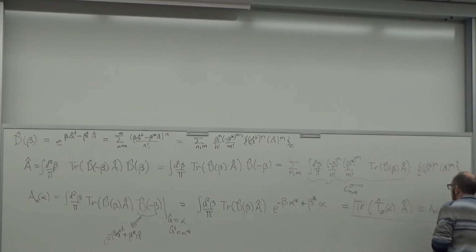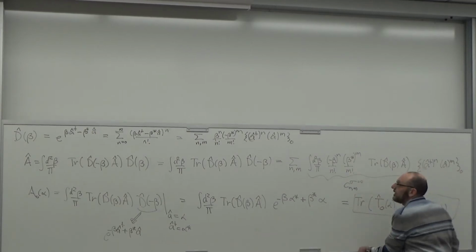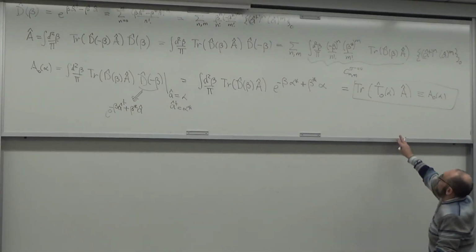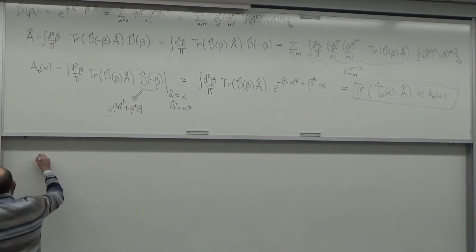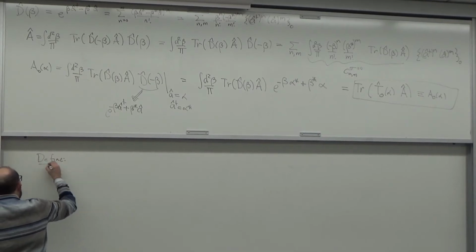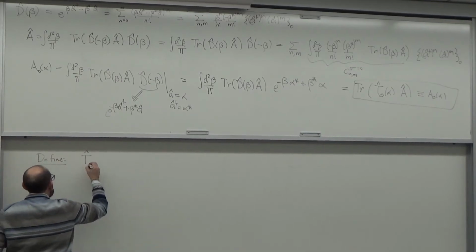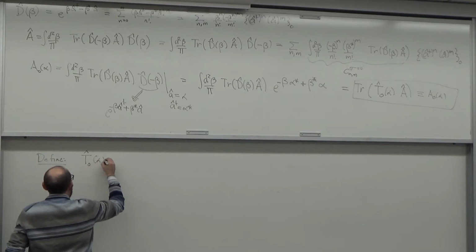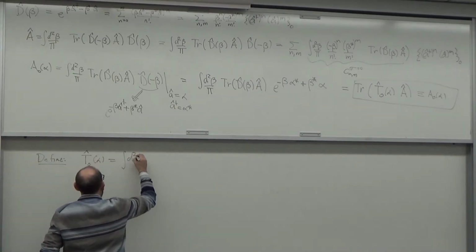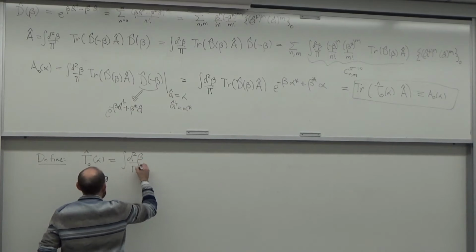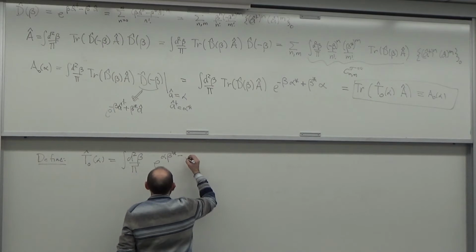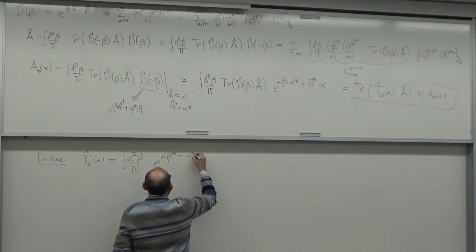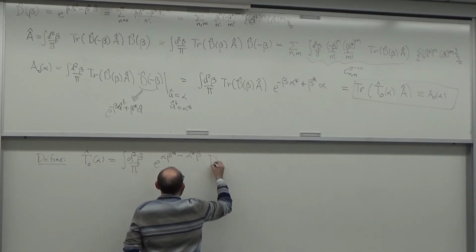Okay, so let me explain what I've written down here. I've defined a new operator, T, the symmetrically ordered guy, which is the integral over beta, e to the alpha beta star minus alpha star beta, the displacement operator.